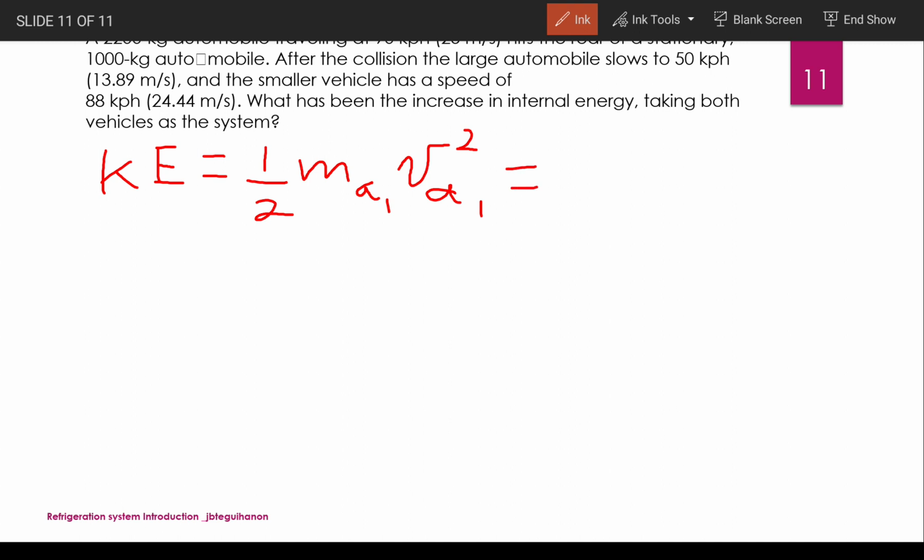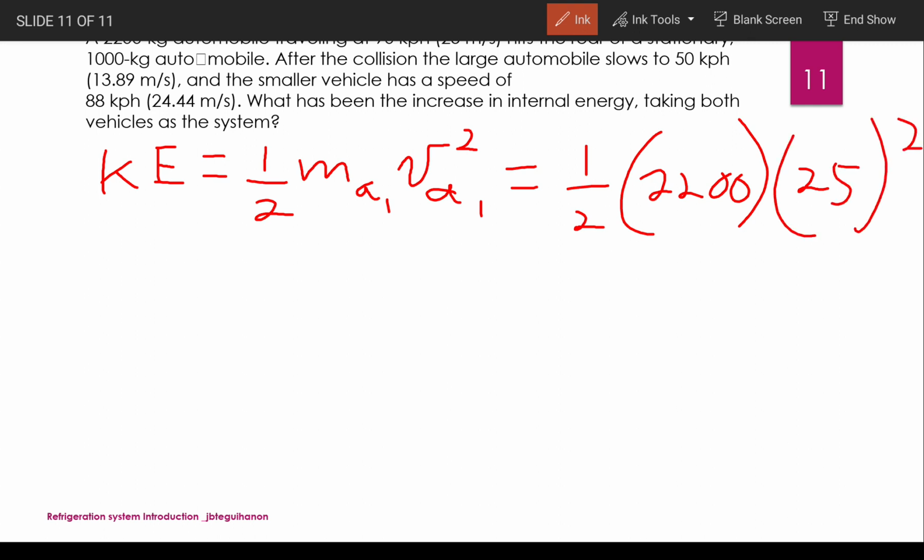And we plug in the values to the formula: 1/2, the mass of the first automobile is 2,000, and the speed is 25, so that is 25 squared meter per second, and you get the kinetic energy in terms of joule, that is 687,500 joule, right?